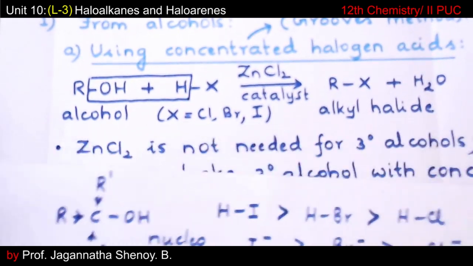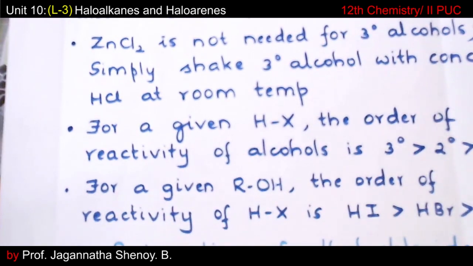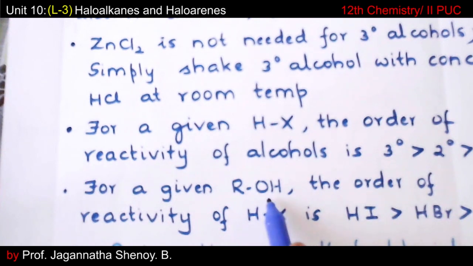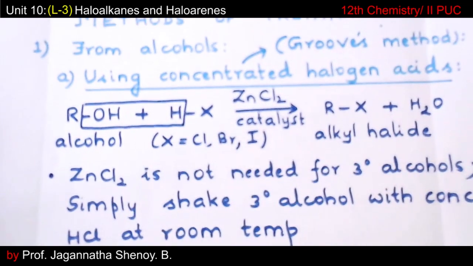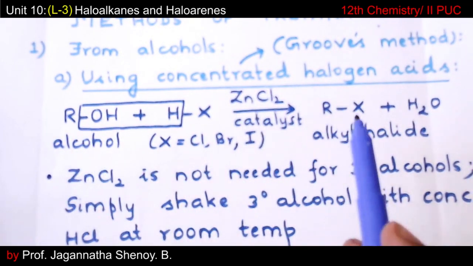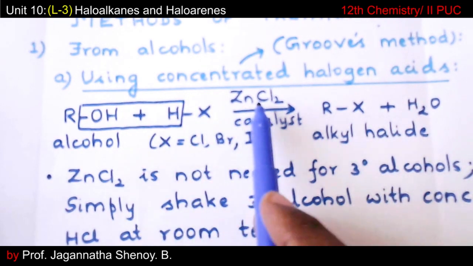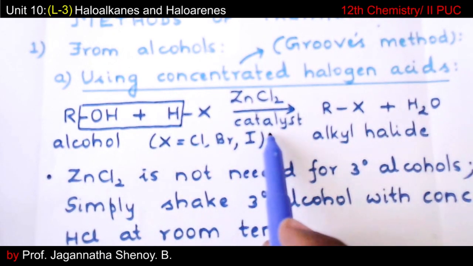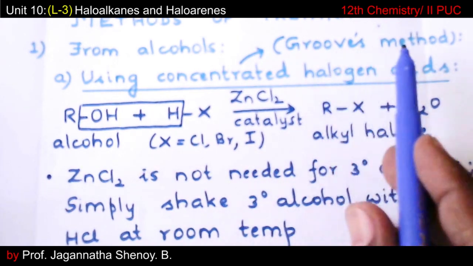That is why for a particular alcohol ROH, the order of reactivity of HX is HI greater than HBr is greater than HCl. And this method in which an alcohol is converted into alkyl halide using HX in presence of zinc chloride catalyst is called Groove's method.